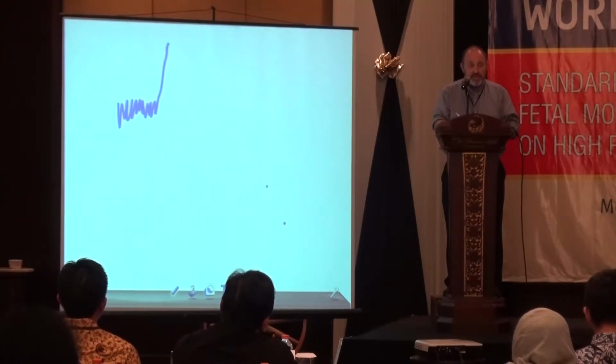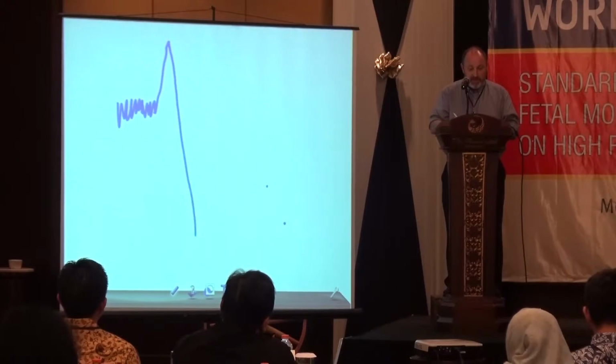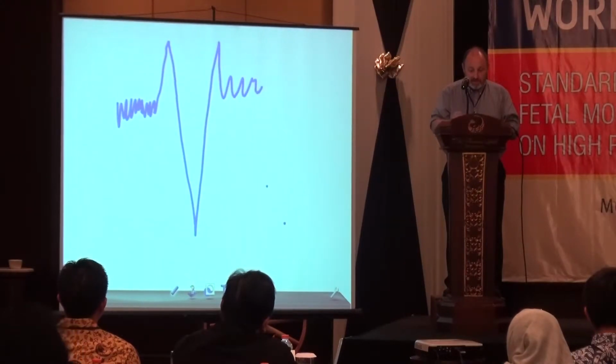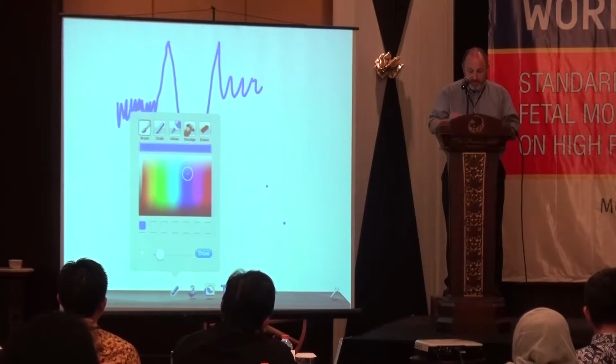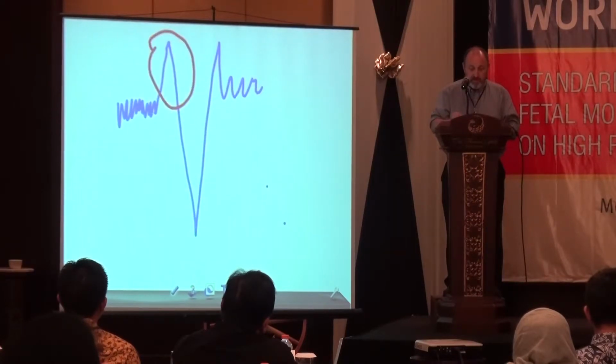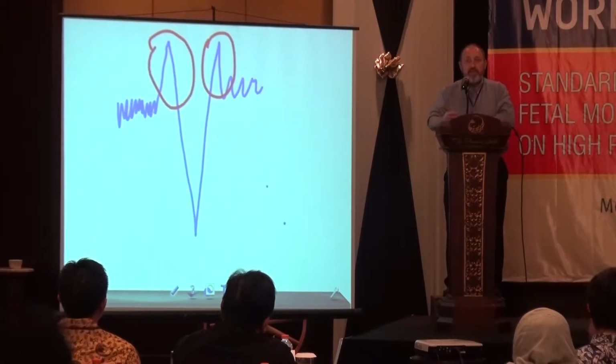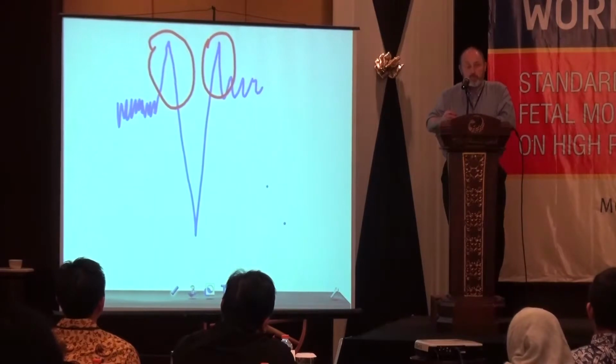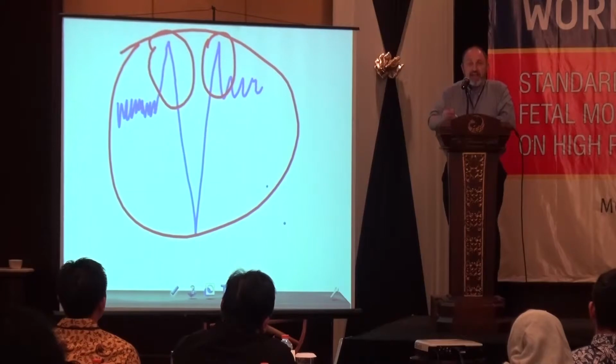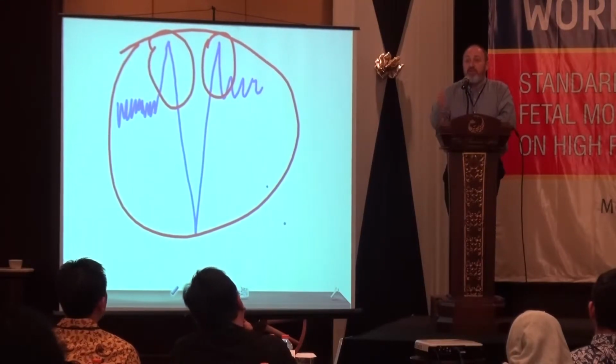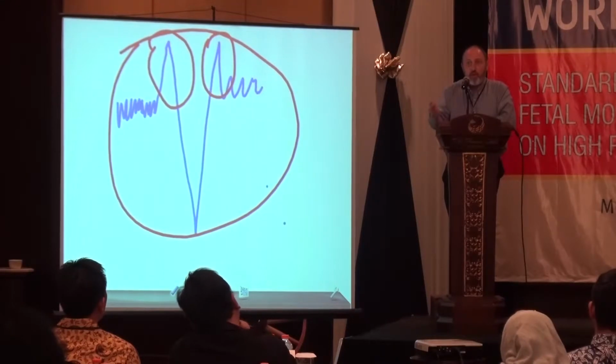They display this shouldering characteristic. See this shouldering characteristic here? These shouldering characteristics. This here is how you would expect a baby who's capable of responding physiologically, normally, to umbilical cord compression.